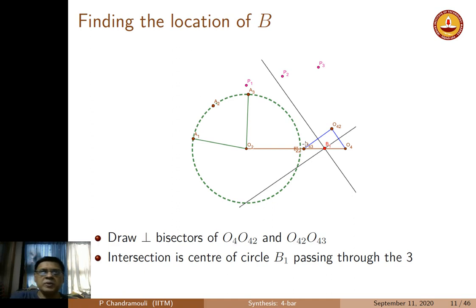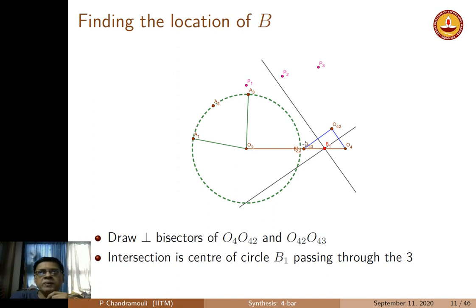So remember the sequence. We said we need to design a coupler to go through 3 positions, P1, P2 and P3, for path generation. A point on the coupler should go through these. Then we selected O2, O4. We also selected the crank radius and then an arbitrary position at which the crank should sit for A1.